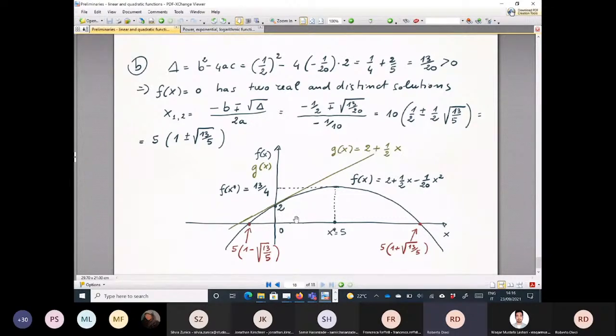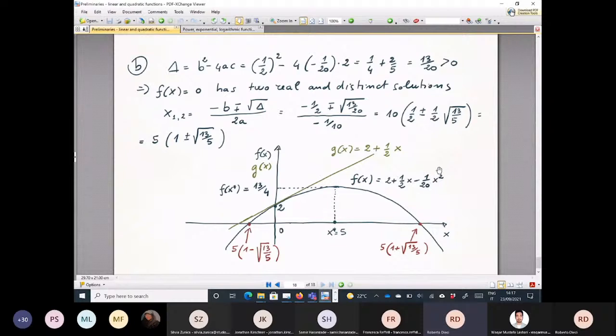If you look at the expression of the parabola and the straight line, clearly when x is very close to 0, the quadratic term, in this case, has a very small coefficient, okay? But even if this coefficient is 1, for instance, minus 1, the quadratic term doesn't matter.